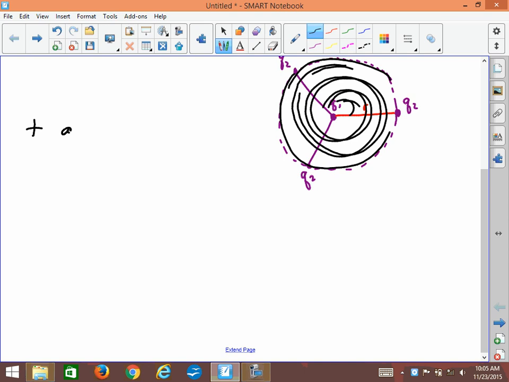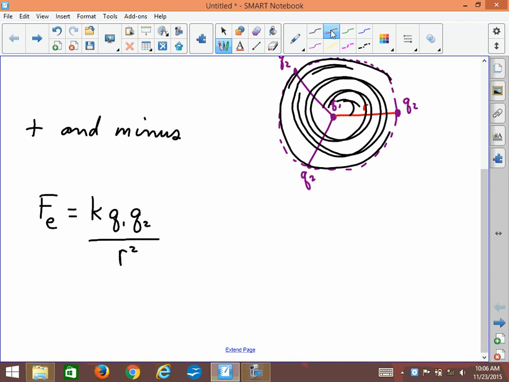Plus and minus. If we simply take the equation, what it will calculate for us is a magnitude of force. It doesn't give us the direction instinctively right out of the equation. Let's look at what happens if I do two different examples. If I do K and a positive Q times a negative Q, then the answer will come out to be a negative number, right?